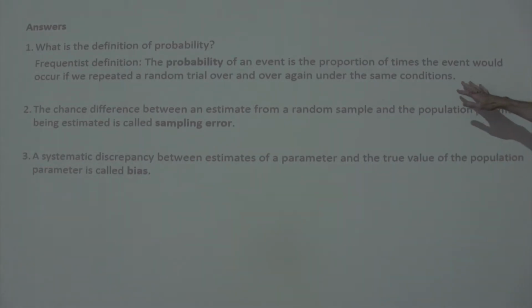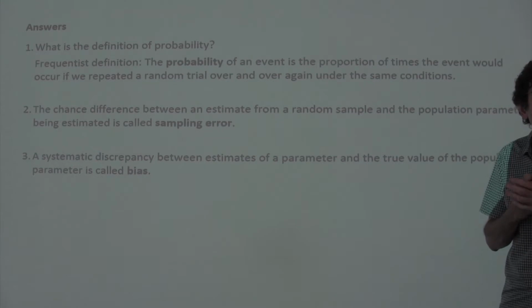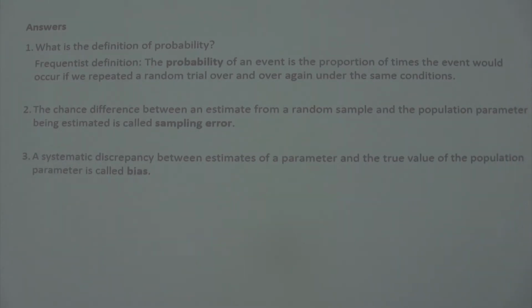But for the most part, we'll be using this one here. And it's known as the frequentist definition. Probability is a long-run frequency. It's the proportion of times the event would occur if we repeated a random trial, like a coin toss or take a random sample, over and over again under exactly the same conditions. So that's the definition of probability that we'll use. It's a frequency.